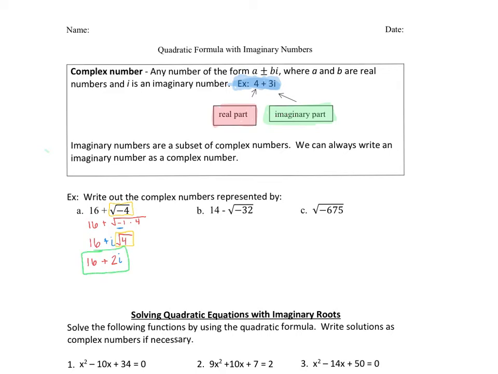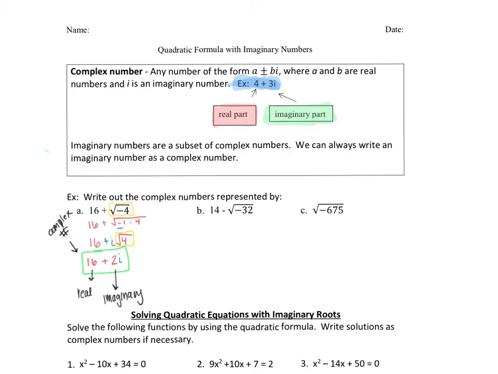So this would be my end answer: 16 plus 2i, where this is real and this is imaginary, okay? And this whole thing would be called a complex number, okay? So that's what we're going to focus on today. For the next couple weeks, we're really going to focus on i, okay?